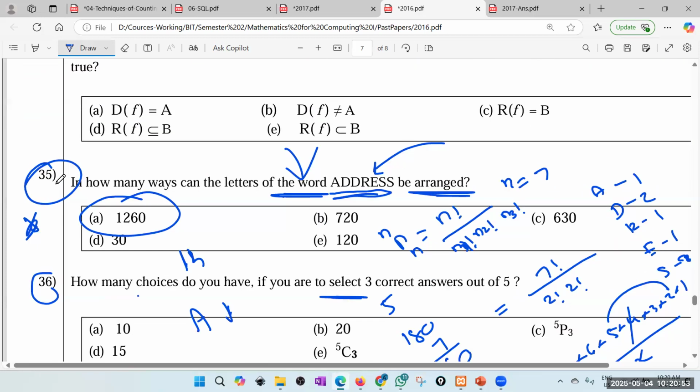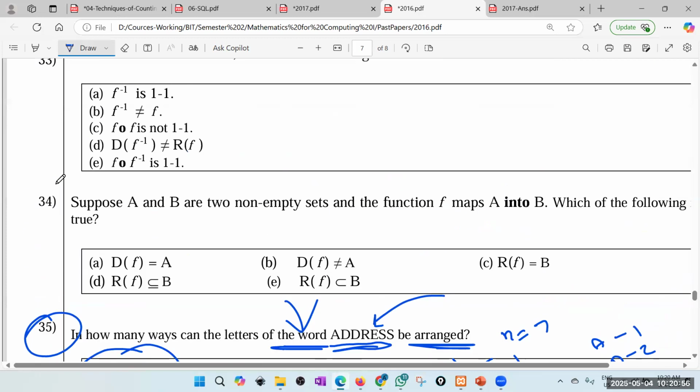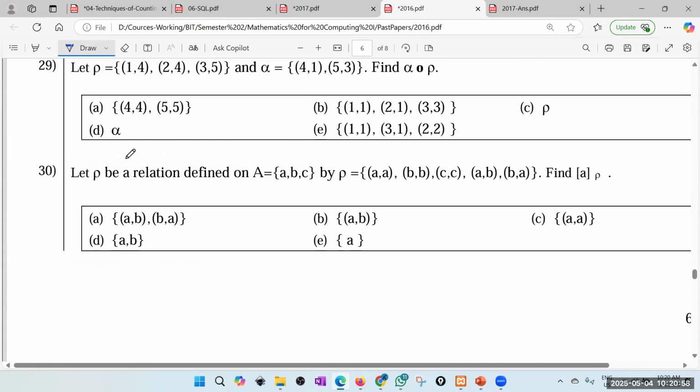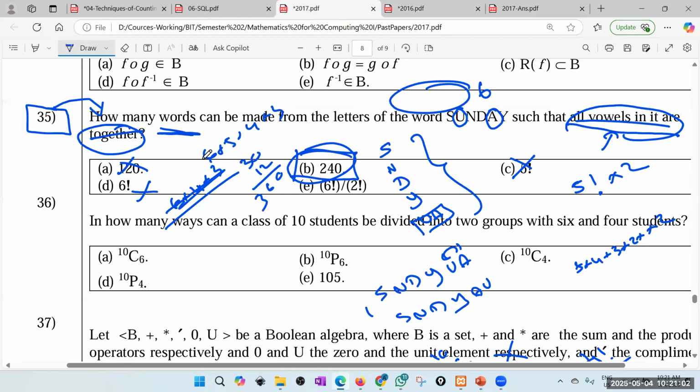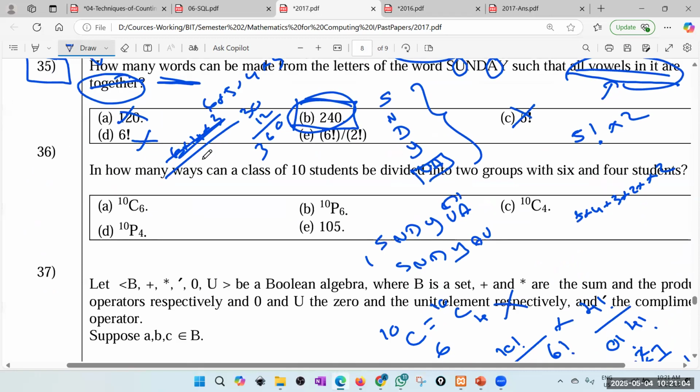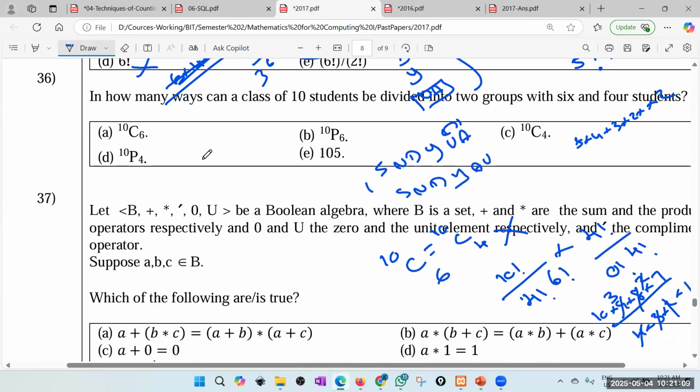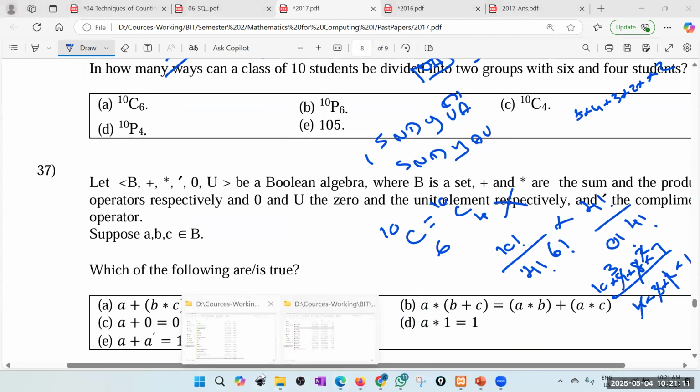Let's see whether we can do another question. Let's take another page.